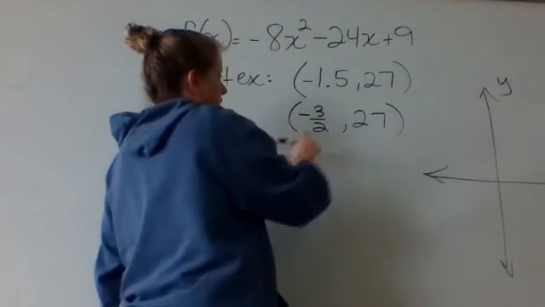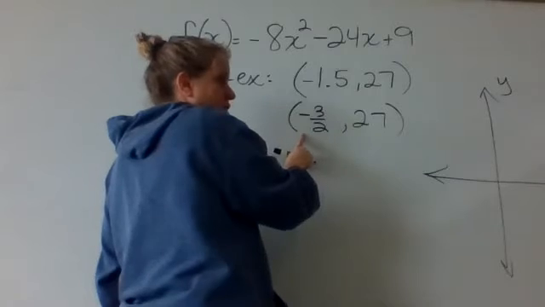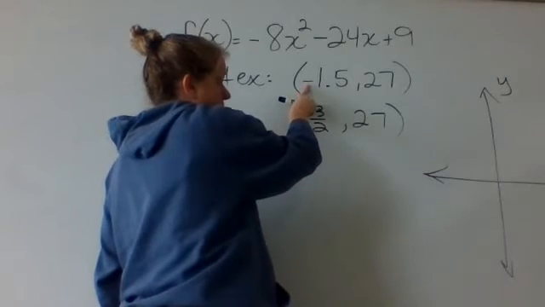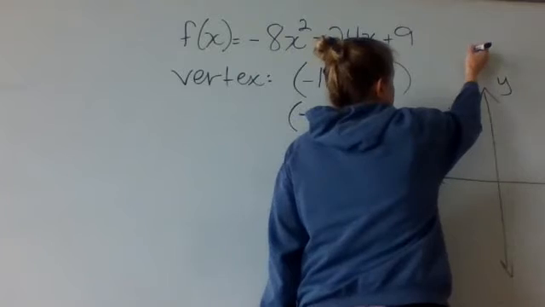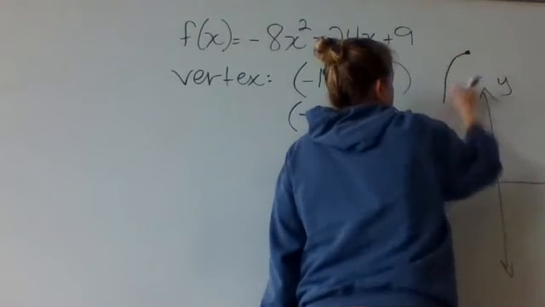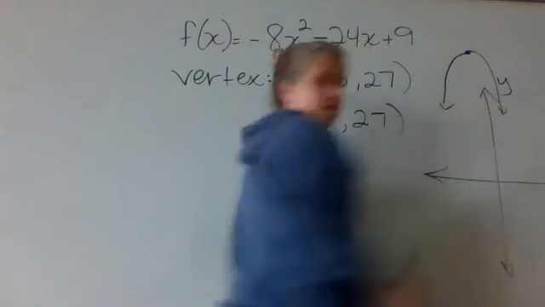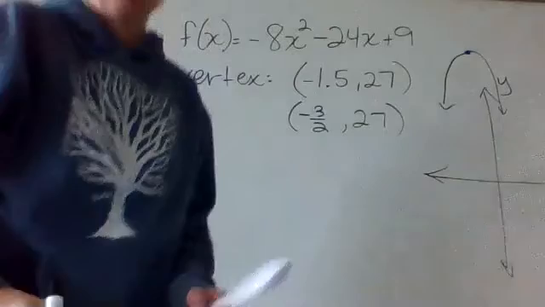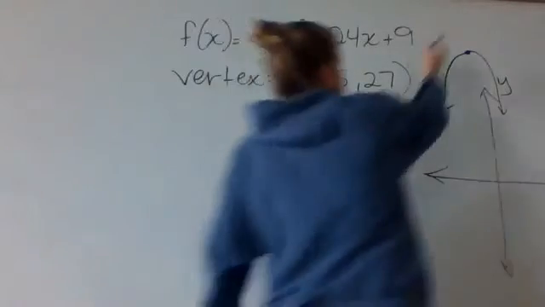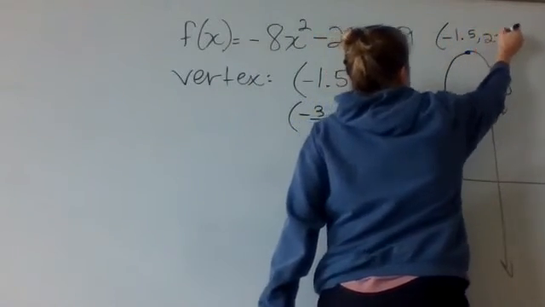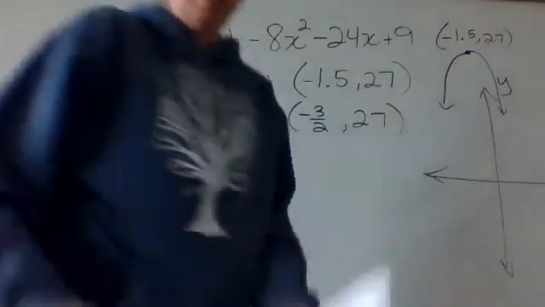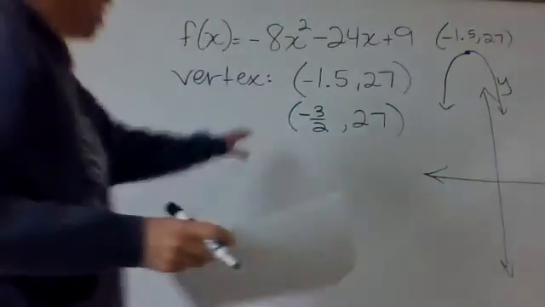My vertex will be to the left 3/2, or to the left 1.5, and up 27. And it's upside down, right? So we're just going to pretend like this is negative 1.5, 27. So the first thing it wants to know is the vertex.